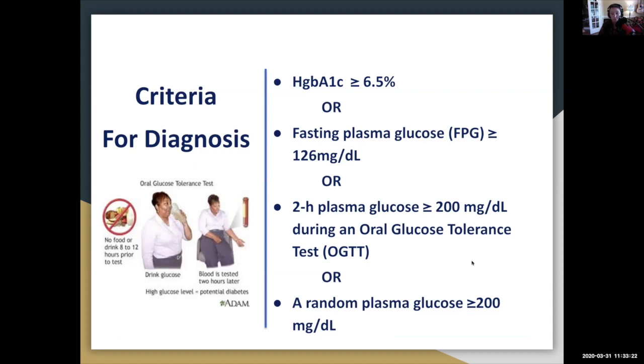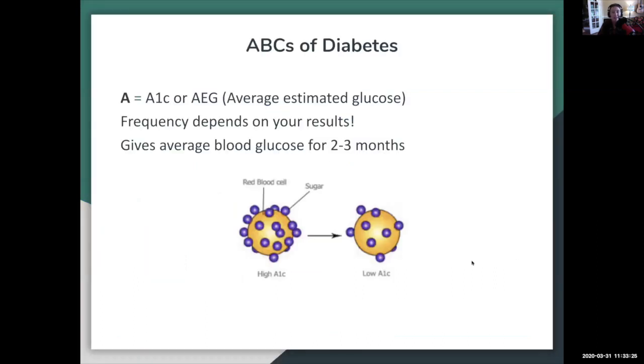So let's talk about the ABCs of diabetes. So A, that hemoglobin A1C or AEG, that average estimated glucose. The frequency with which you have this done depends on your results, but typically we do this every 3 months because that's the window of time it measures blood sugar.